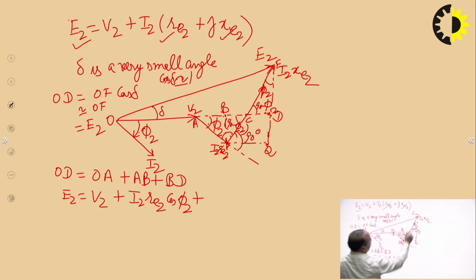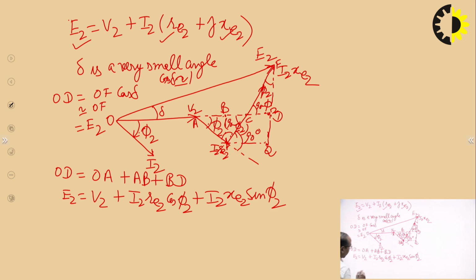And when this angle is phi 2, PQ becomes I2 XE2 sin phi 2 from this right angle triangle PQF. PQ is equal to PF sin phi 2, and PF is I2 XE2. So, PQ becomes I2 XE2 sin phi 2 and PQ equals BD. So, in place of BD, I can also write the value of PQ, which is I2 XE2 sin phi 2.